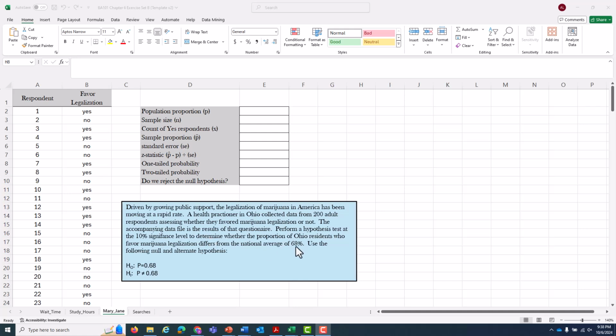Why would this be useful in a business setting in this case? It's huge business. I was recording this in 2024. These things are popping up all over the place. It's a multi-billion-dollar business, and while a good number of states have ratified legislation to legalize the recreational use and sale of marijuana, not all states have.